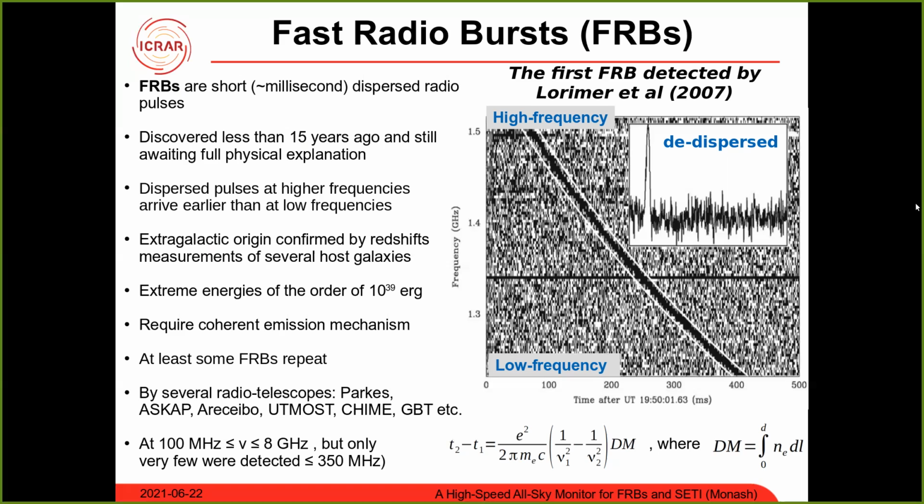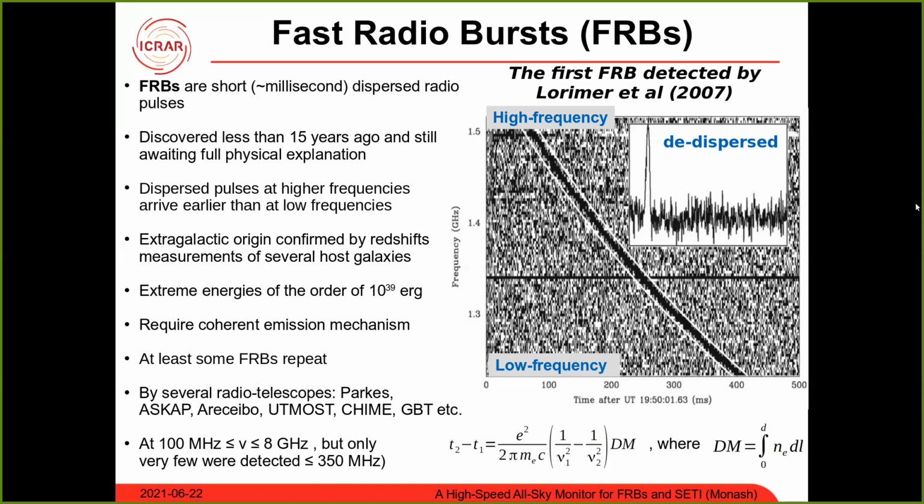Initially, as I said earlier, the first FRBs were detected by the Parkes radio telescope, and then ASKAP started to detect FRBs and detected many of them. Arecibo detected the first repeater, FRB 121102, and then the refurbished UTMOST started to detect FRBs at a frequency of 830 megahertz.